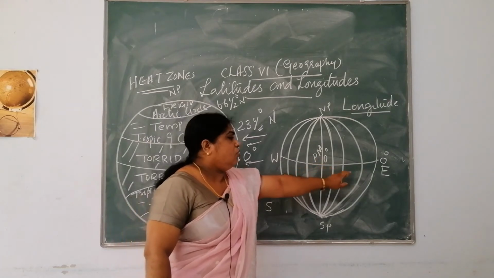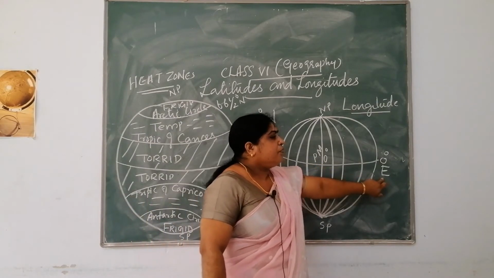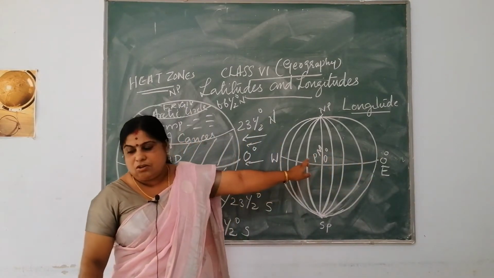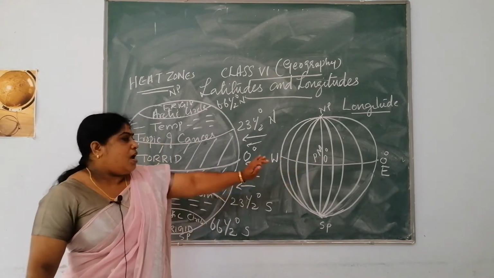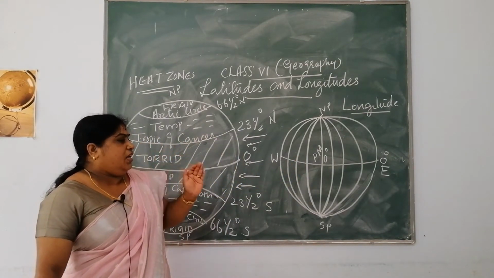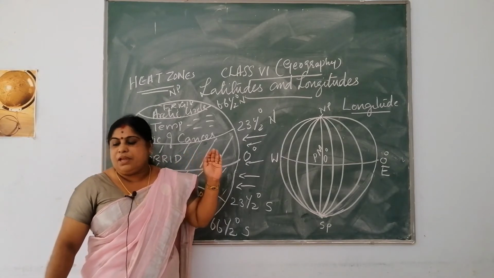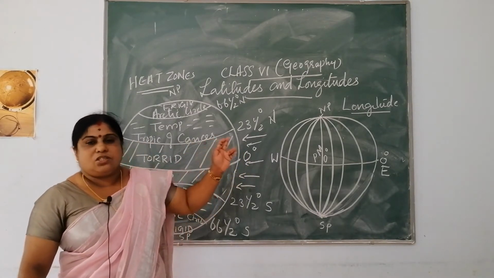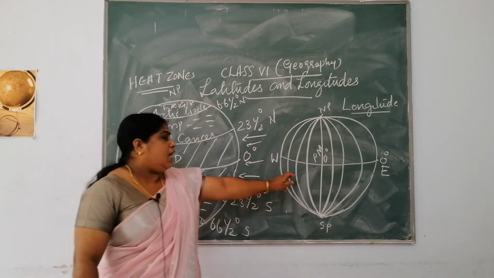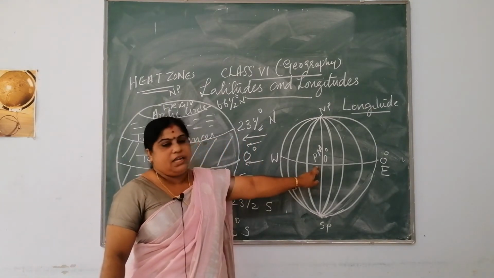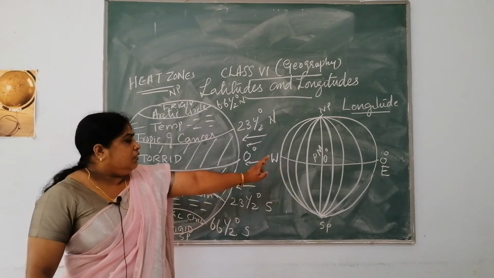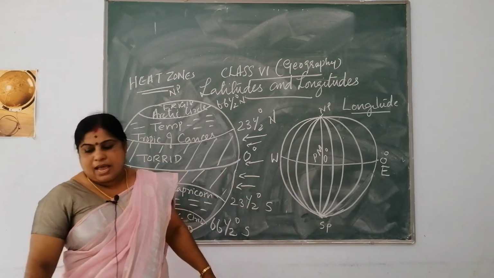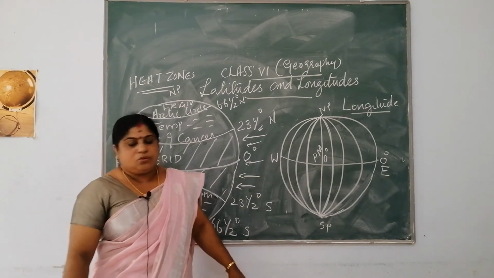The 0 degree latitude you called the Equator, and the 0 degree longitude is called the prime meridian. For convenience, we have taken the prime meridian as the one which passes through Greenwich in England, and this is regarded as the 0 degree prime meridian.